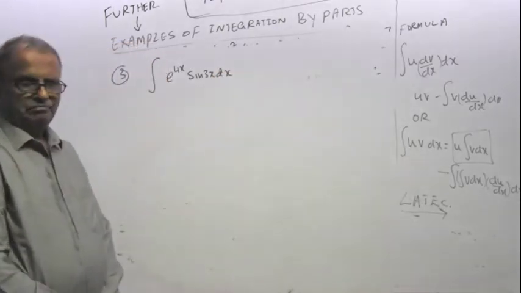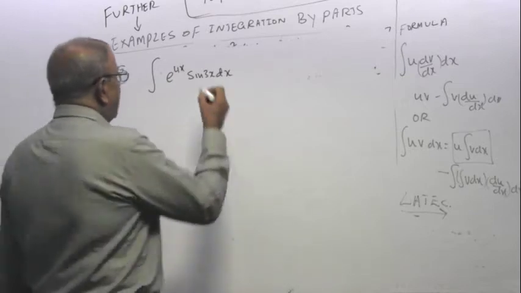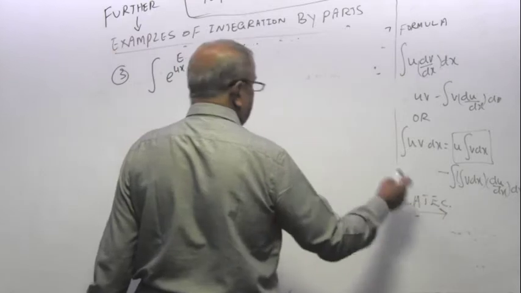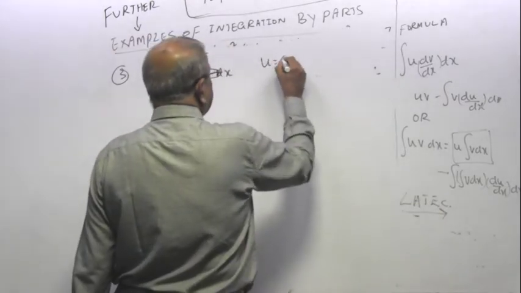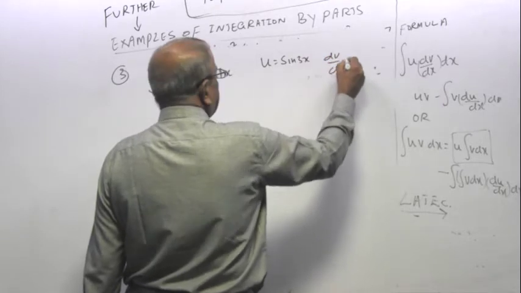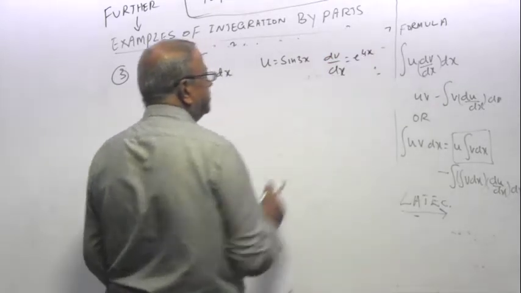Right. LATEC. I have an exponential, I have a trigonometric, e comes after t, so u equals sine 3x, dv by dx equals e power 4x. Simple.